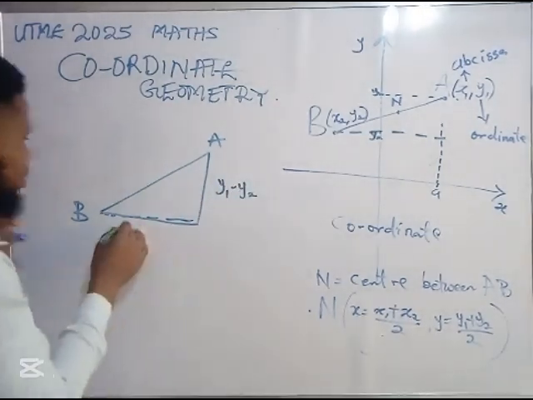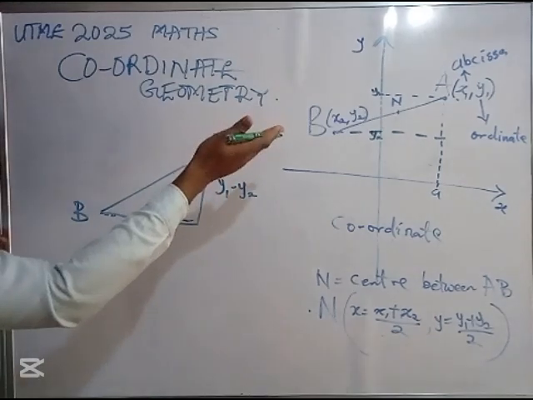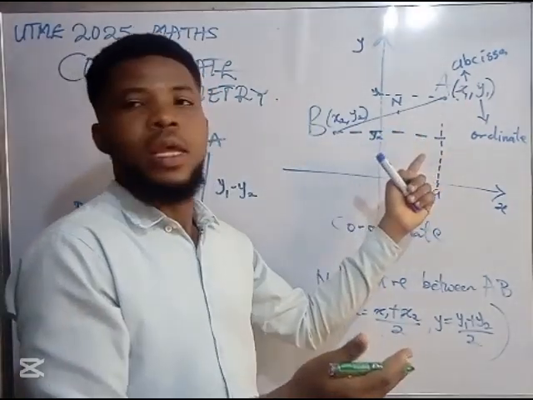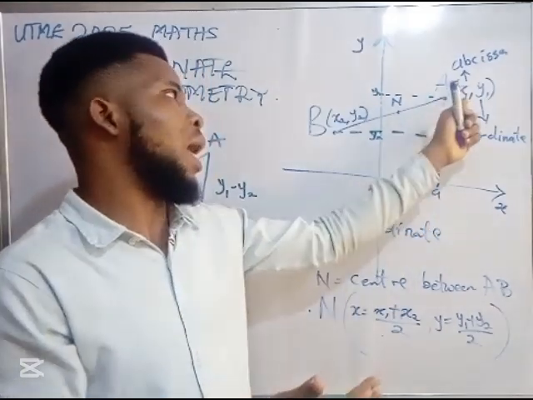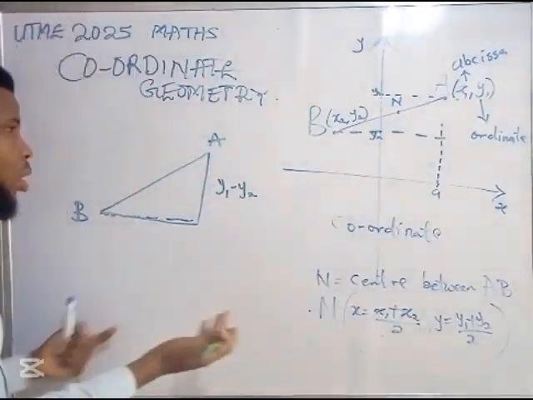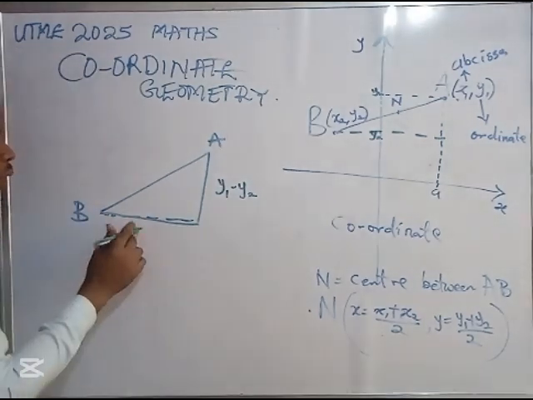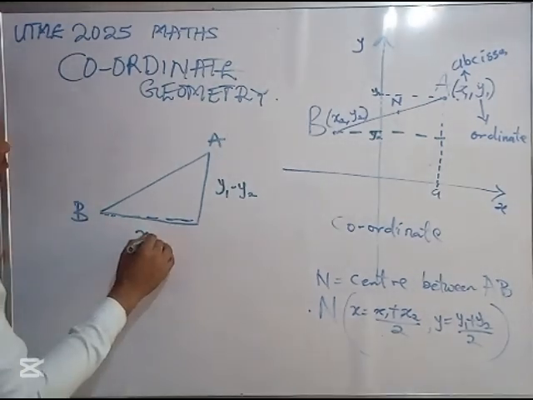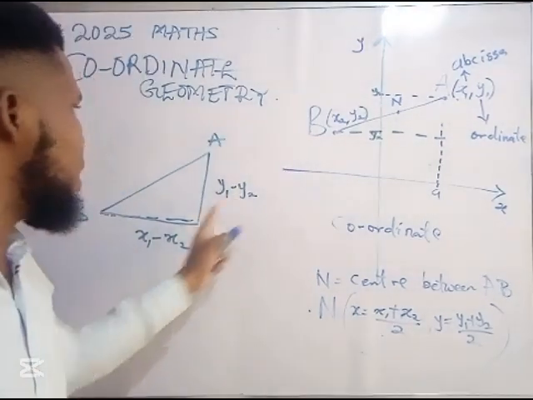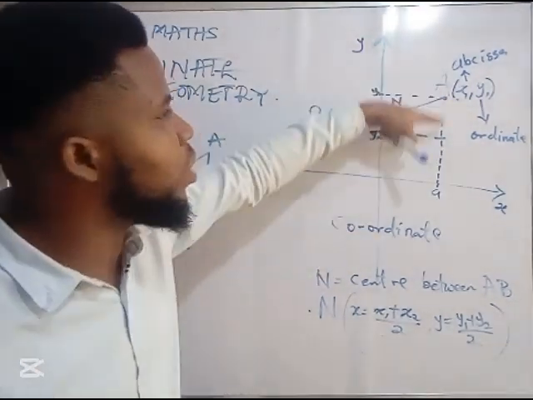Right? Good. Now from this outline here, I could have done it the other way, in a way that we will have x2 minus x1, but it's still the same because we're still going to get the same answer. So this one too will give us x1 minus x2. How do we get all these points here? These points are gotten from the difference between here and here.